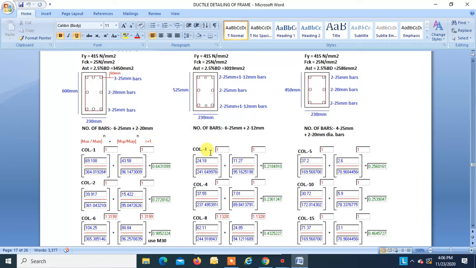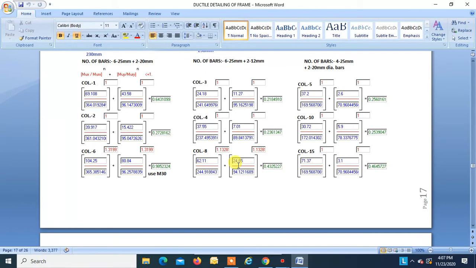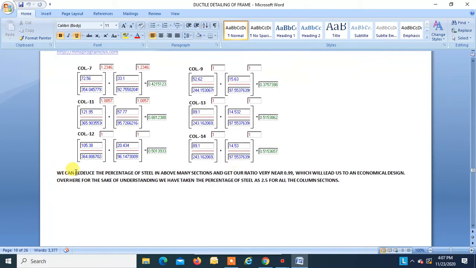One note I would like to make over here: this column can be called an uneconomical section. The ratio should be near 0.99, so you can reduce the steel over here, right? We can reduce the percentage of steel in many of the above sections and get our ratio very near to 0.99, which will lead us to an economical design.